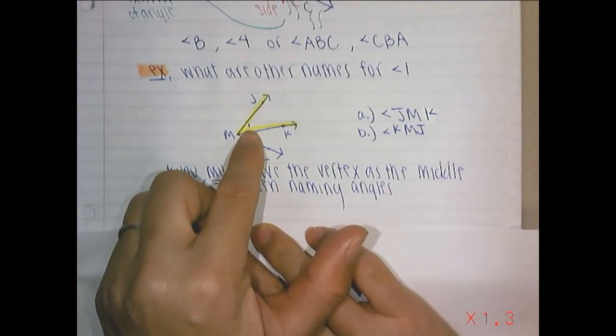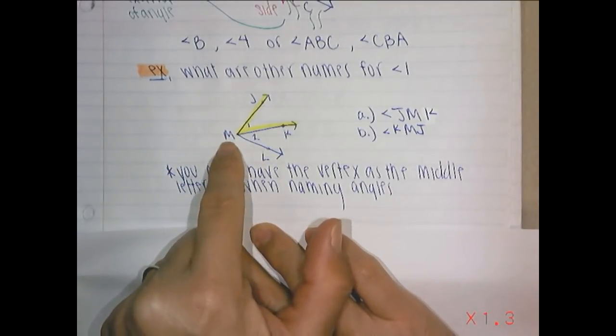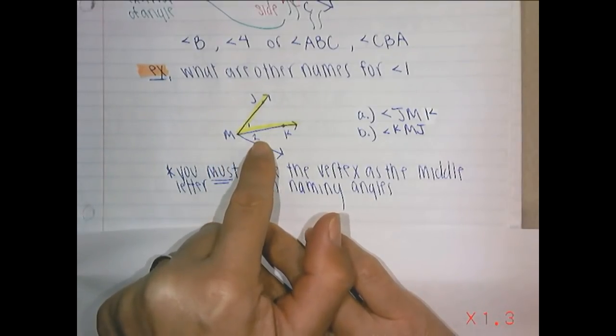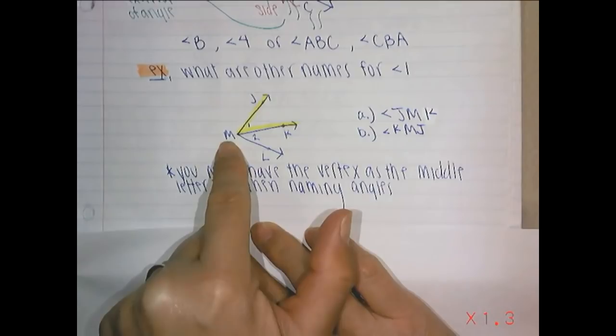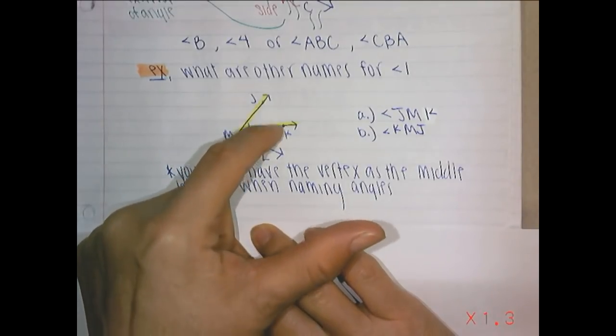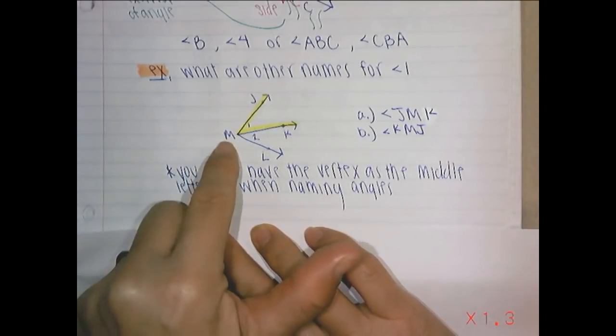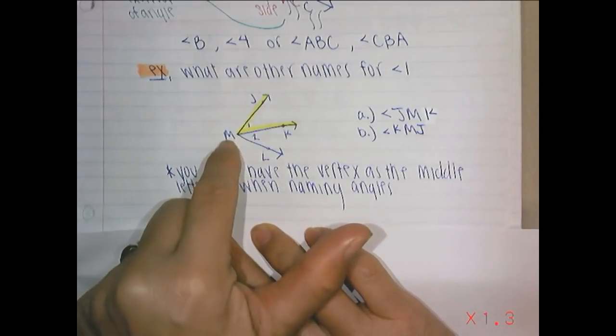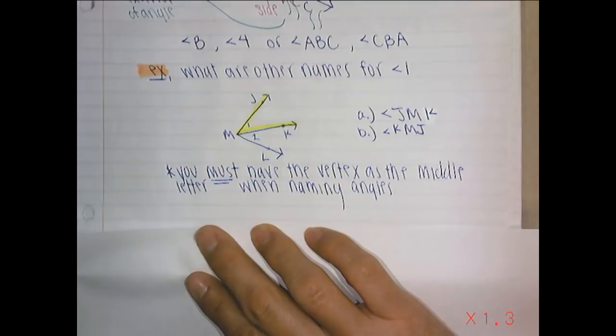It's numbered. So we can't name it angle M, because if you notice there's this angle right here, angle 2, it's affiliated with angle M. This whole angle right here is affiliated with angle M, and then this little angle, angle 1, is affiliated with angle M. So we need to find a name for it.